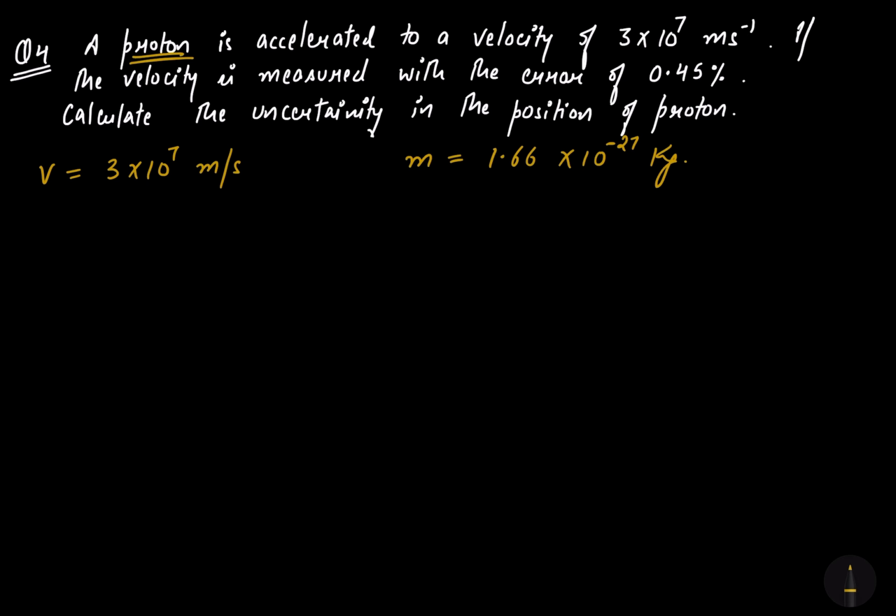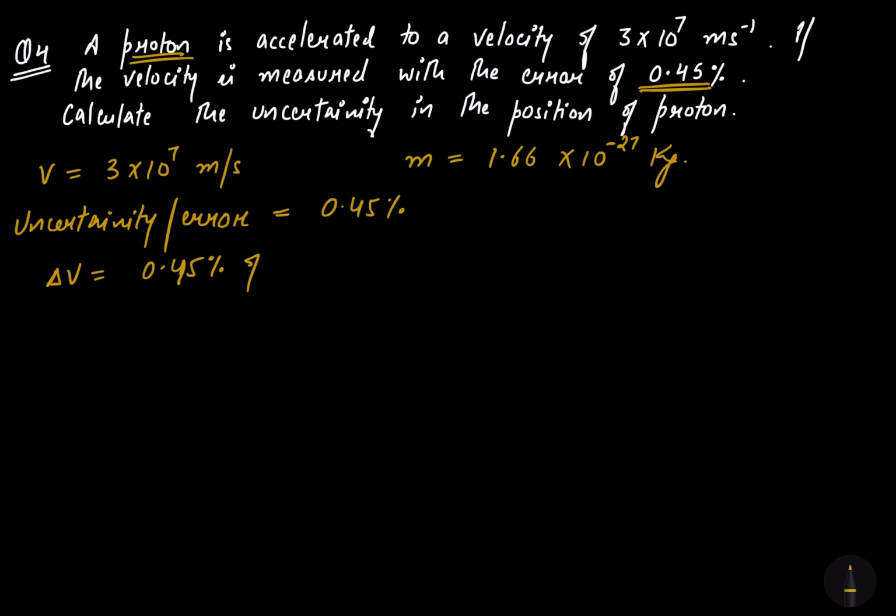Now the question next is saying, if the velocity is measured with an error of 0.45%, that means the uncertainty or error of velocity is given to be 0.45%. So delta v comes out to be 0.45% of 3 into 10 raised to the power 7.